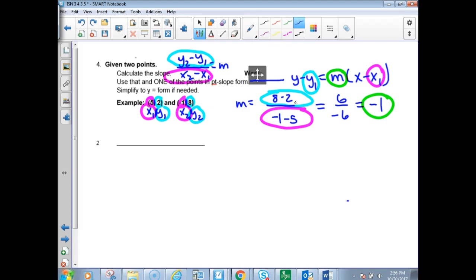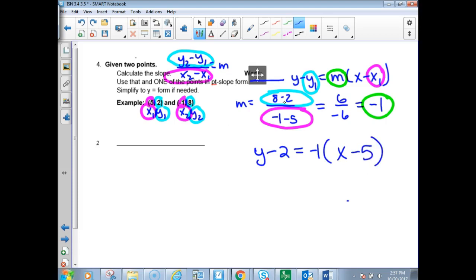So I'm going to plug all that stuff in here. y1 is 2, so I'll have y minus 2 equals m is a negative 1, parentheses, x minus x1 was 5.